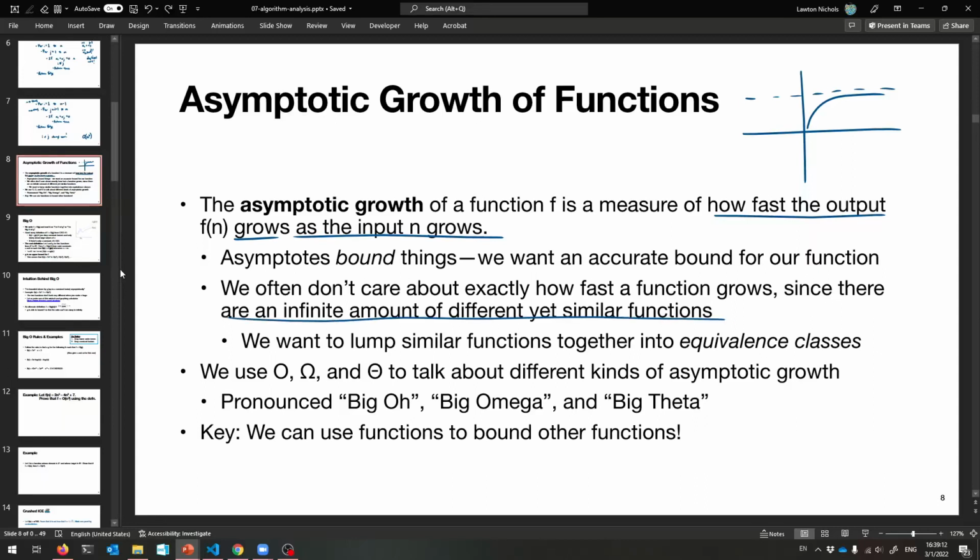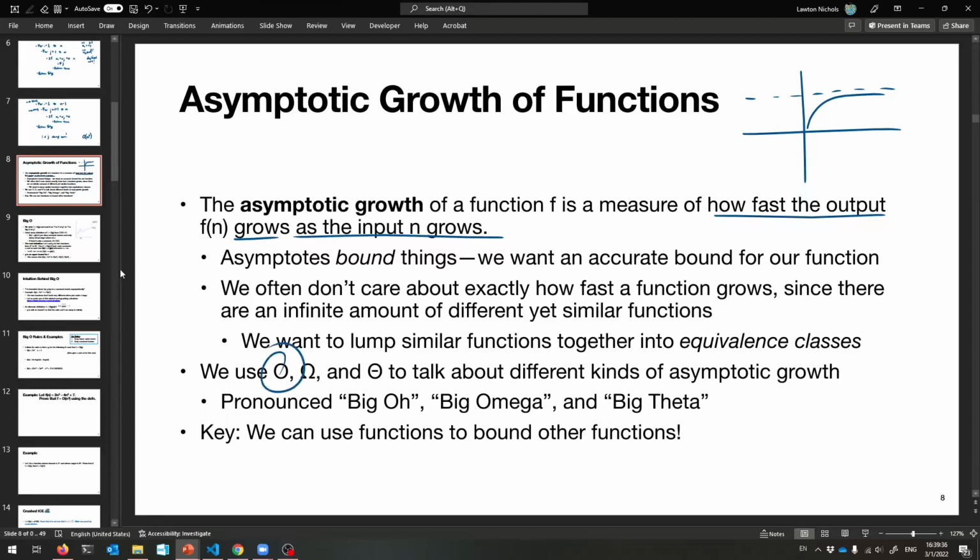There's an infinite number of them. And we don't really care about the specifics. Okay? We just want to lump similar functions together into equivalence classes. Equivalence classes, like they're all linear, they're all quadratic, they're all exponential, right? And we talk about some of those as being good and some of those as being horrible, and we don't ever want to use them, right?